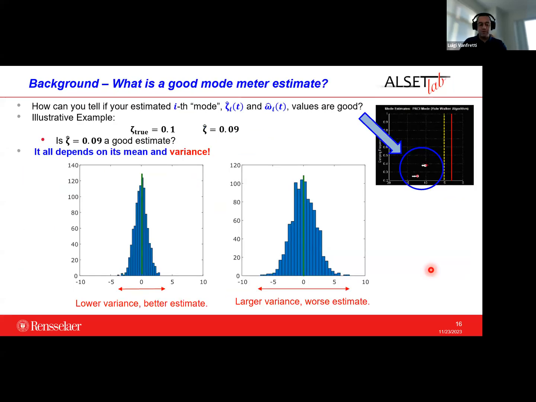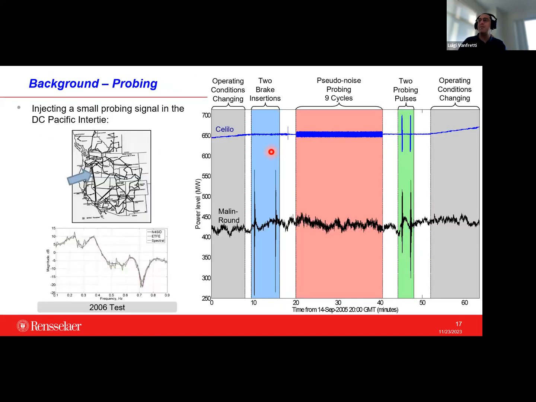So the question now, and this is really the interesting part for you, is what is a good mode meter estimate? Well, if you have lower variance, you have a better estimate; larger variance, a worse estimate. This is really where system identification can help us, together with input signal design.